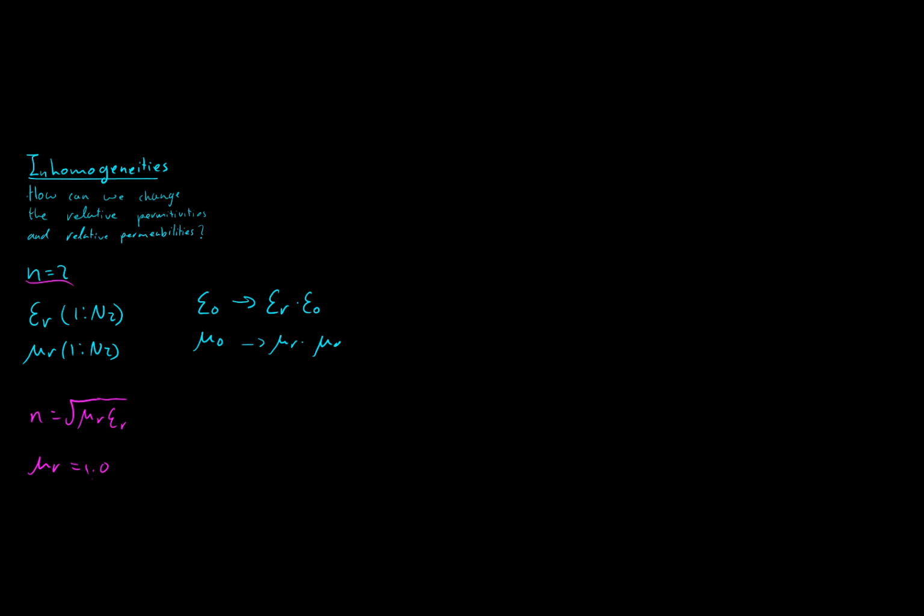Most materials have a set permeability, which means n is equal to the square root of epsilon r. So epsilon r is equal to n squared, which in this case is 4. So if you want a material with a refractive index of 2, you just have to set your relative permittivity to 4. And that's it. You're done. You're good.